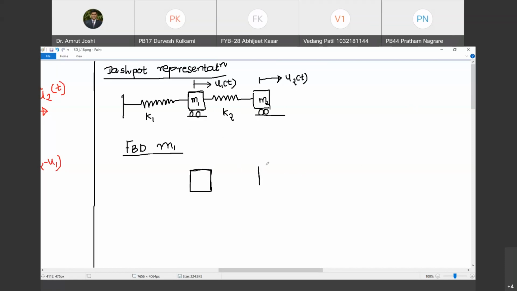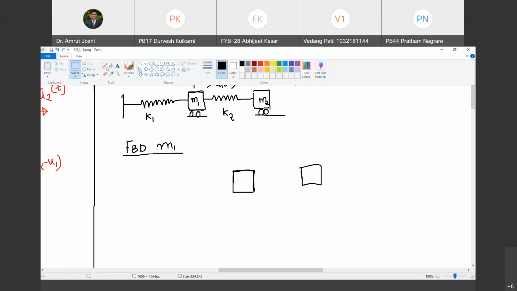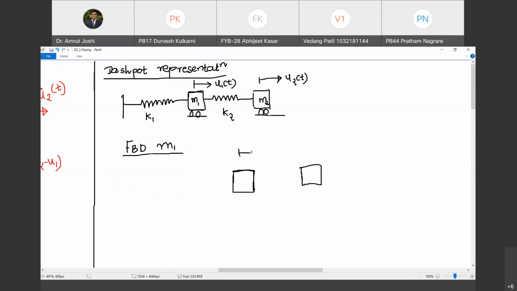So this is the original position of m1 and m2. The displaced position of m1 and m2 will be like this. They both are moving towards right. This moves by amount u1 of t, and this moves by amount u2 of t.